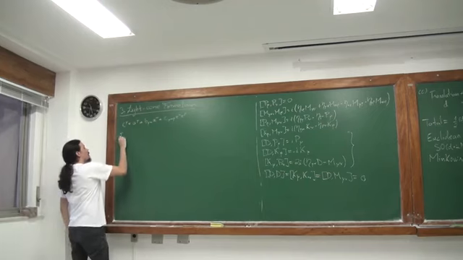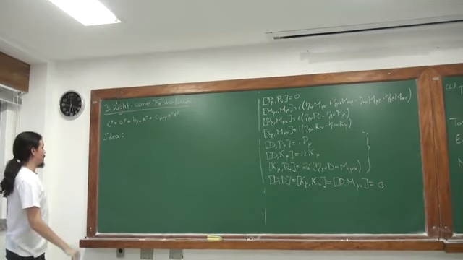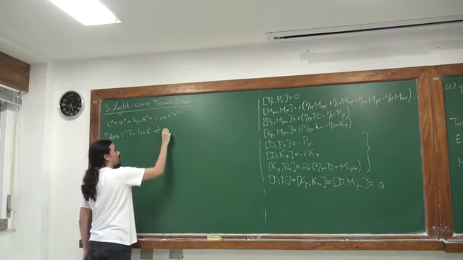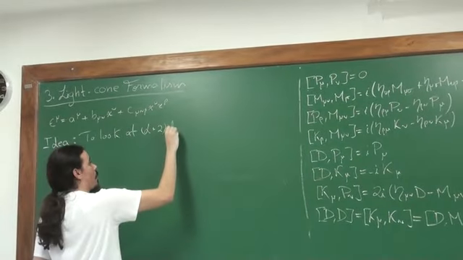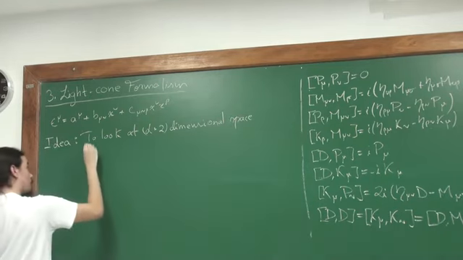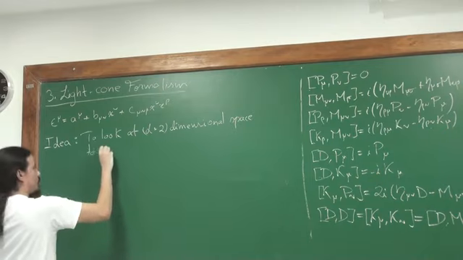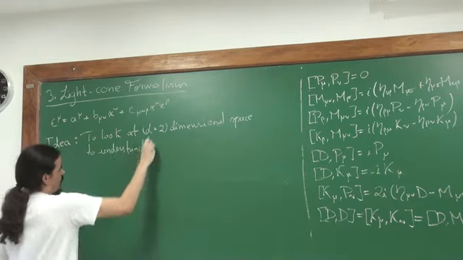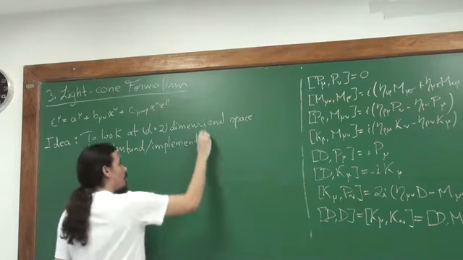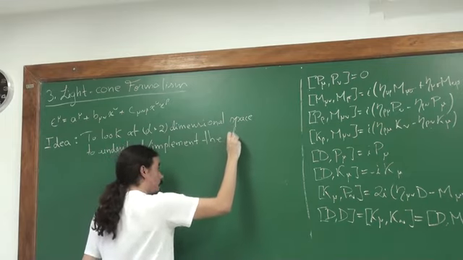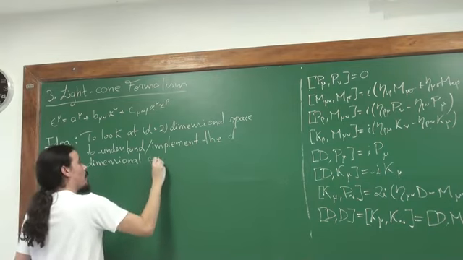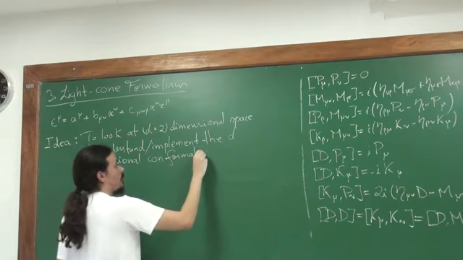So the idea of Dirac in that paper in 1936 is to look at the d plus 2 dimensional space to understand and implement d-dimensional conformal symmetry.